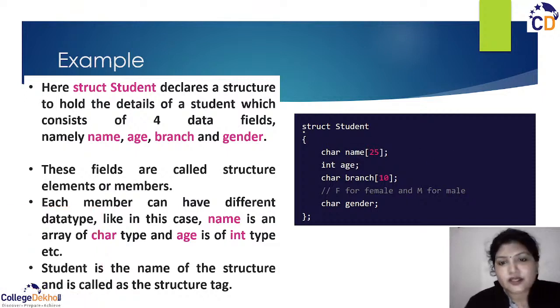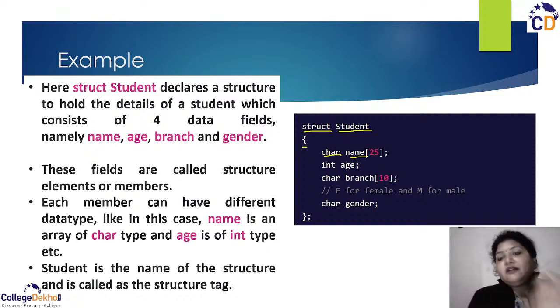This is the keyword struct, space, the structure name, then you define the scope with the braces, then define a member variable, an array, whose name is name and it is of type character.